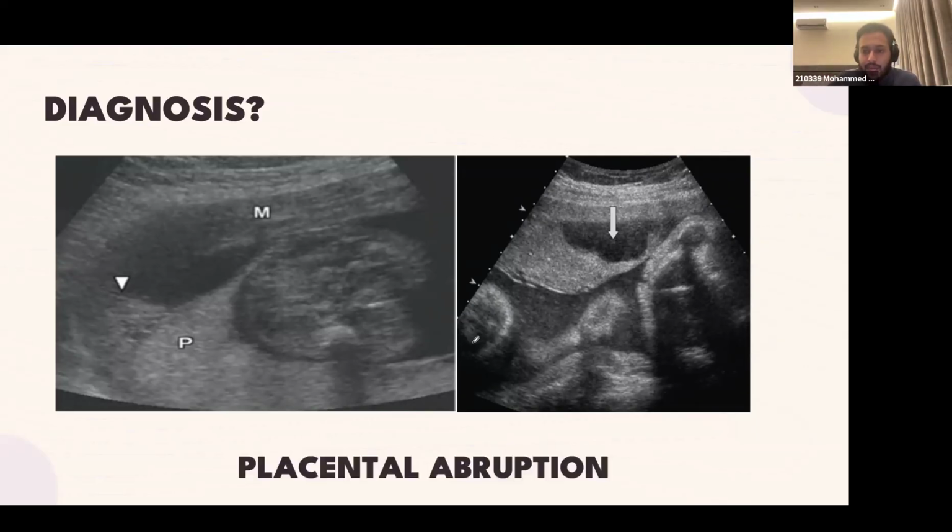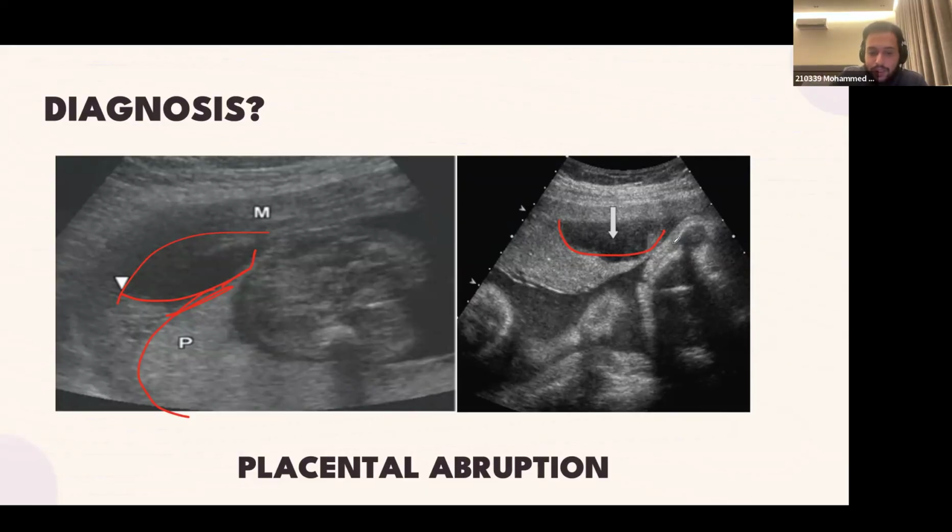Painful abruption. Painless previa, okay? And you can see this is the placenta, and then this is where you have the myometrium. This entire thing is blood. You have separation of the placenta, okay? And this is very dangerous, and usually you also manage with C-section, because it compromises the fetal blood supply, all right?